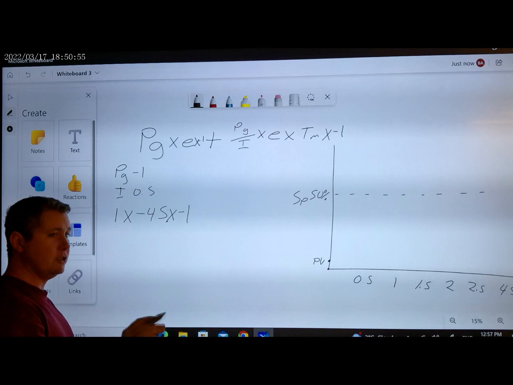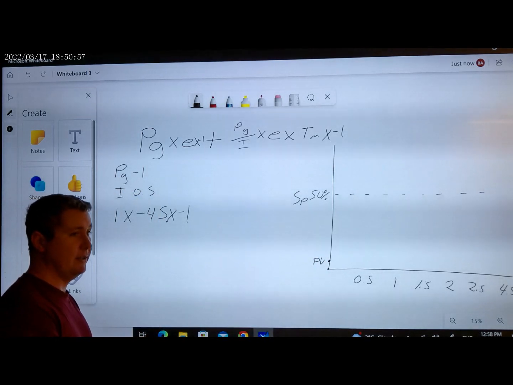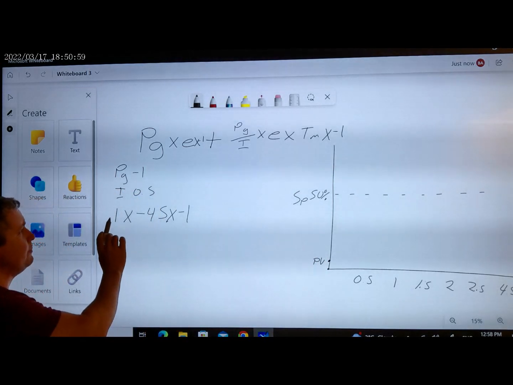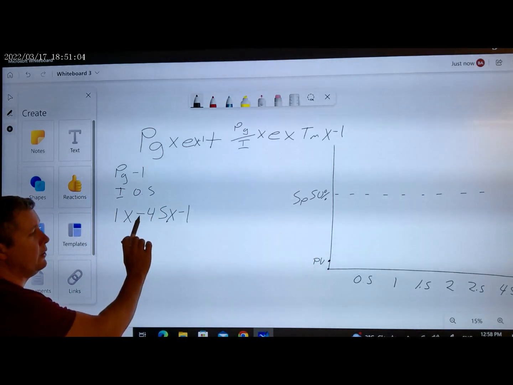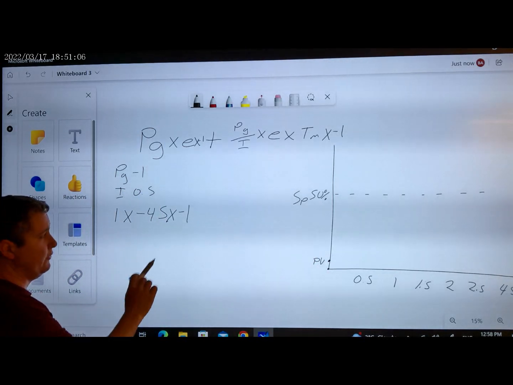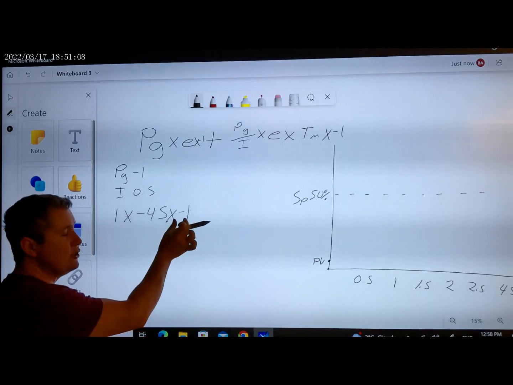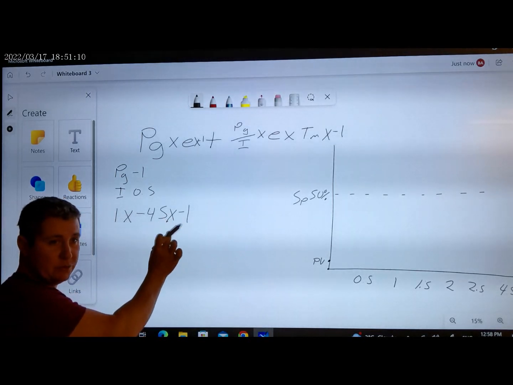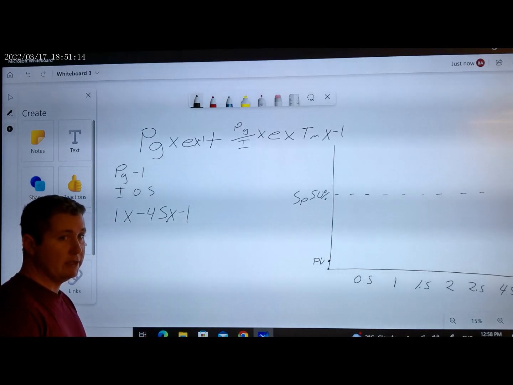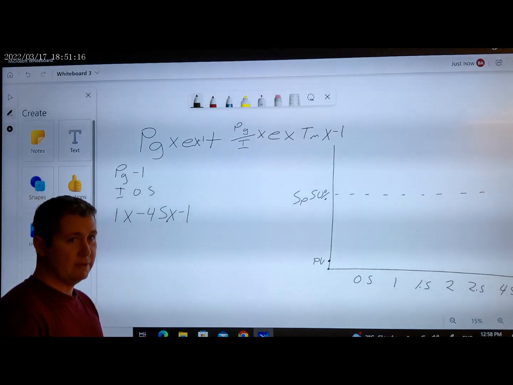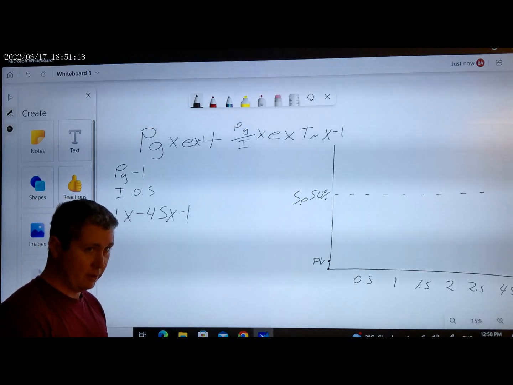Now, just bear with me, and you're going to see it here. So we have a proportional gain of 1 times our error of negative 45 times our reverse acting, which is minus 1. Reverse acting is minus 1. This was not from before, because we did not do this before.